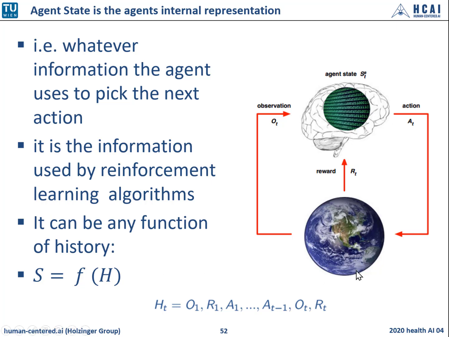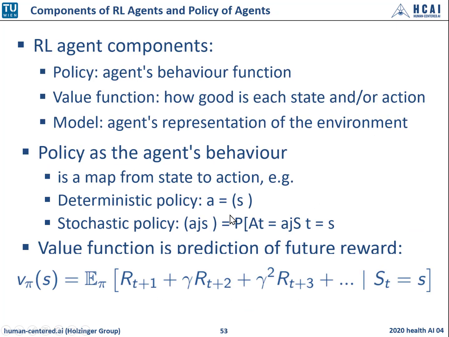So for example, this is typically used in autonomous driving, autonomous vehicle. And the value function is the prediction of future reward and is used to evaluate the goodness or badness of states and therefore to select between the actions. So these are these typical RL agent components: the policy, the value function, the model.